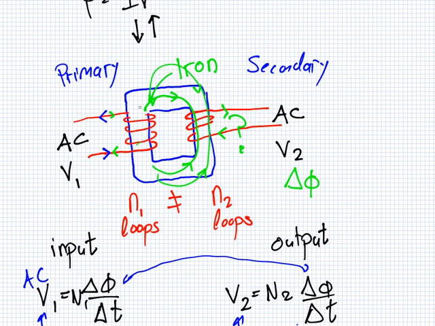When it was coming in this way and leaving this way, it's going up, which means the magnetic field is going down. So it's like around like this. Yeah, I drew it backwards. So sad. Oh well, that's life.